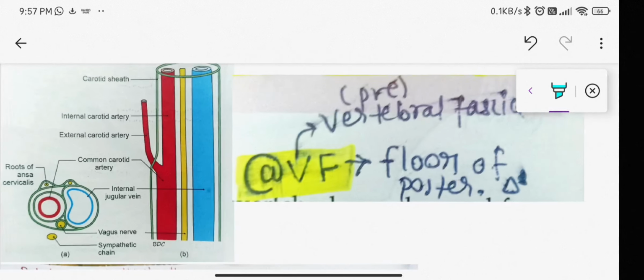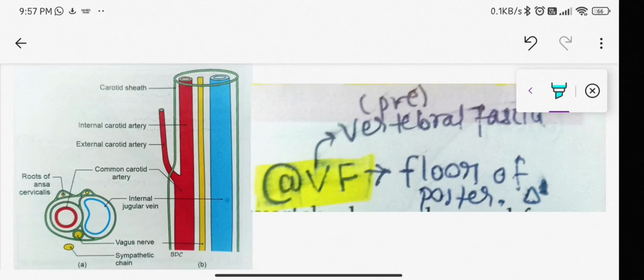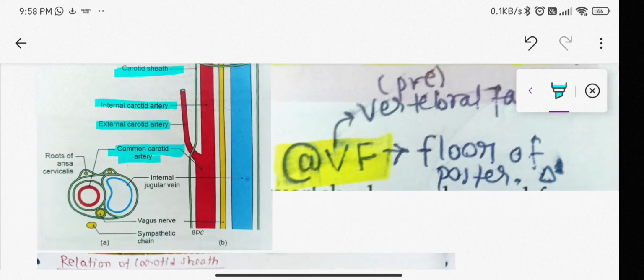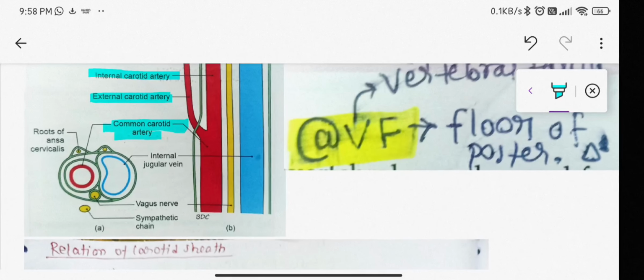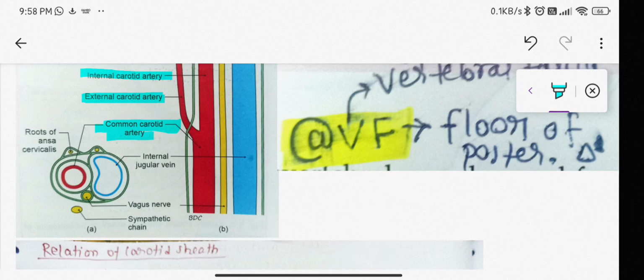Now you can see clearly in this figure. It is showing the common carotid artery dividing into the external carotid artery and internal carotid artery, and this one is the carotid sheath. Okay, now we need to know the relations of the carotid sheath. Posterior to the carotid sheath there is the sympathetic chain, whereas anteriorly there is the ansa cervicalis, and this ansa cervicalis is embedded inside the carotid sheath.